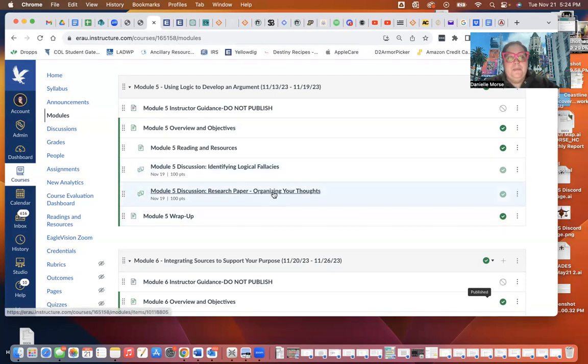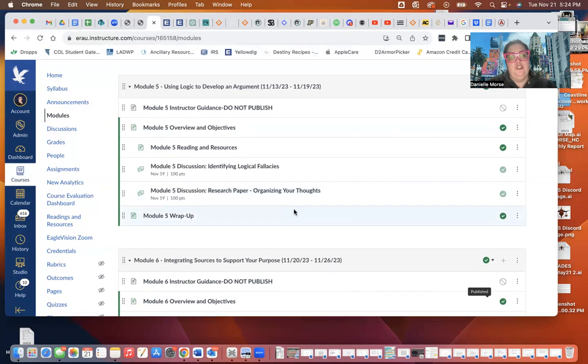And then the organizing your thoughts assignment asked you to craft some form of outline to put together what you think might serve as an organizational structure for the research paper.